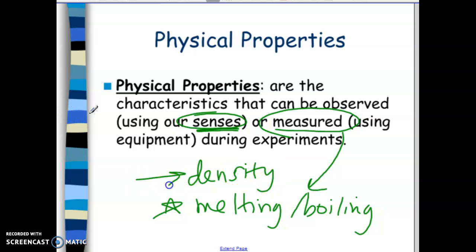We're going to spend more time looking at density further into this section of chemistry. Density is again a unique value for each type of matter. Notice that with all of these physical properties, we're not changing what the substance is. We might be changing the state, like going from solid to liquid or liquid to gas, but it's still the same components.